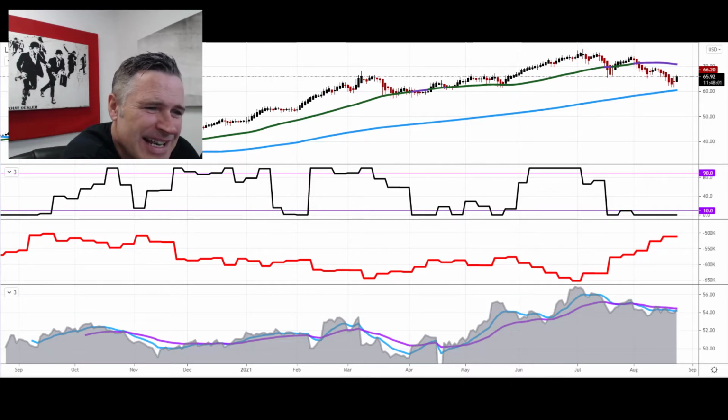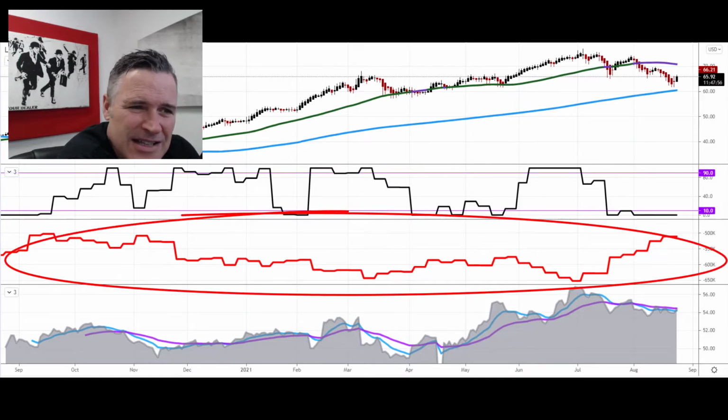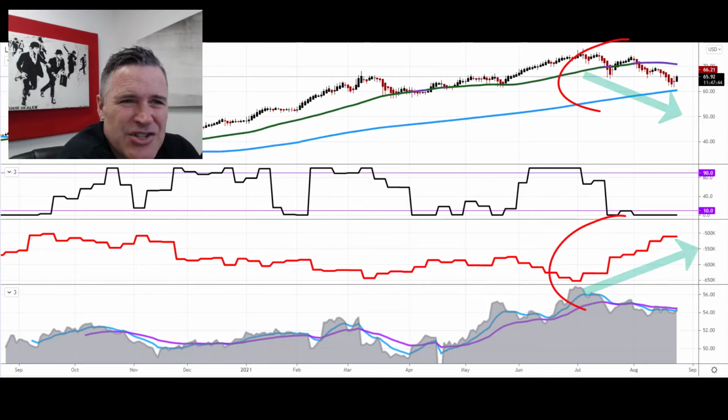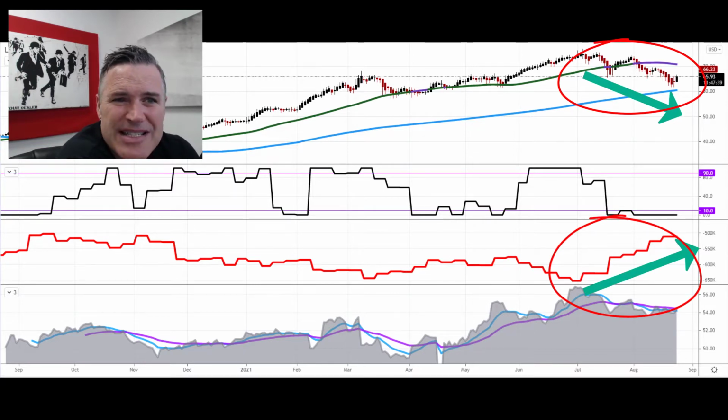So that's the seasonality. Now if we jump above that to the next two lines, you see a red line. That is the commercials in the COT, commitment of trader analysis, and what we're looking for here is an inverse relationship to the price to give us a clue where price is heading next.